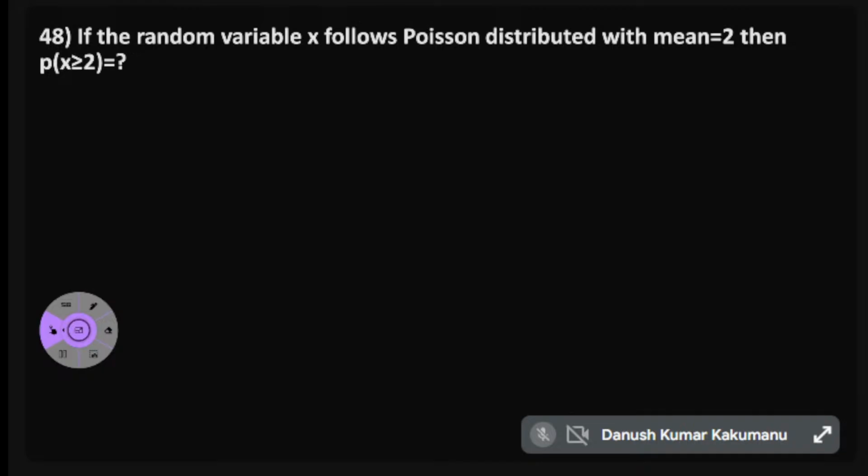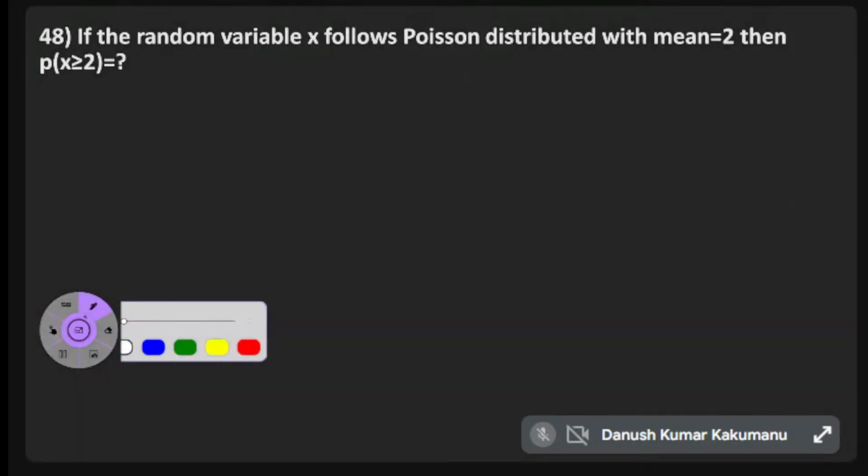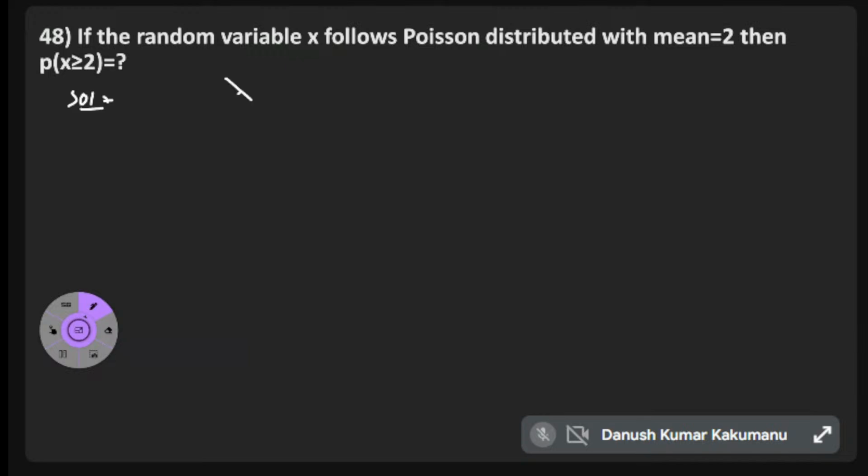Now tell me, Poisson distribution is given here, with lambda equal to 2. What is the Poisson distribution formula? P of x is equal to e power minus lambda, lambda power x by x factorial, for x equal to 0, 1, 2, 3 up to infinity.